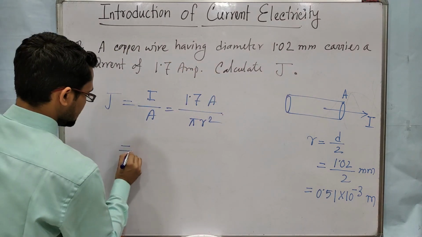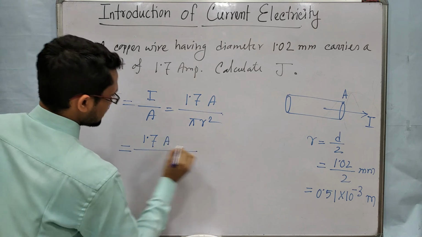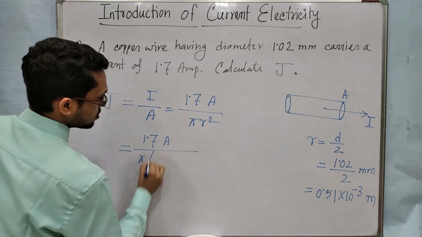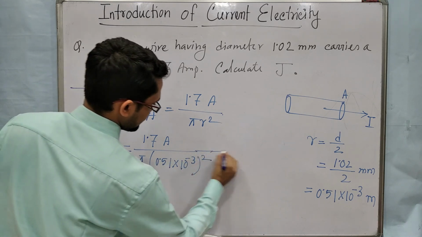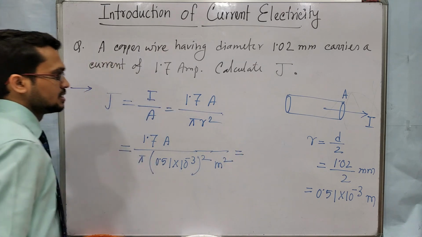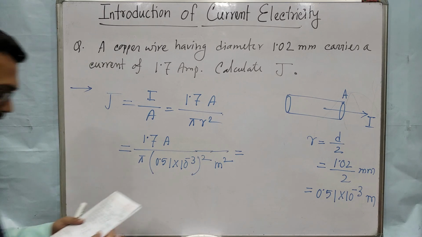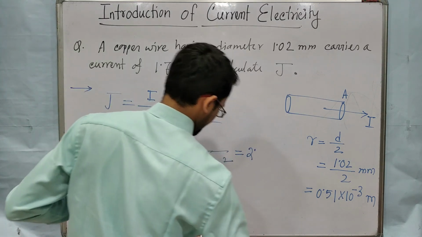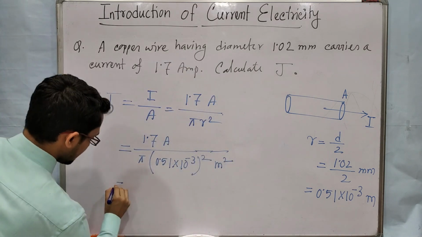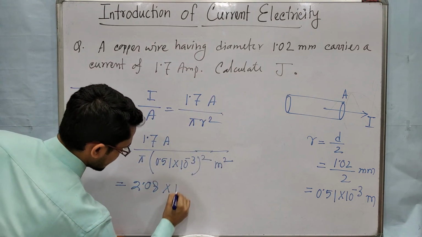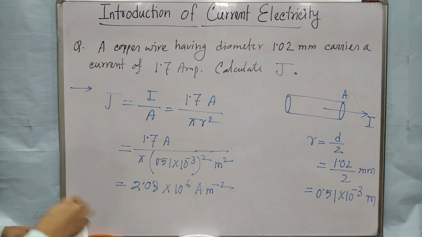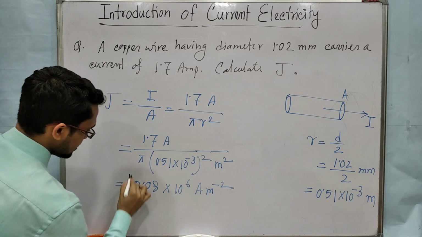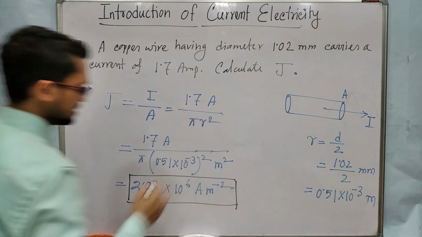So put that value: 1.7 ampere by pi into (0.51 into 10 to the power minus 3) meter whole square. If you calculate this, you will get the answer 2.08 into 10 to the power 6 ampere meter minus 2. So this is the answer.